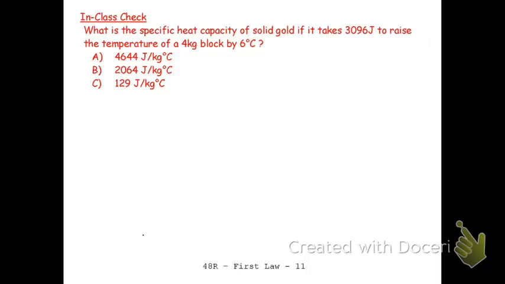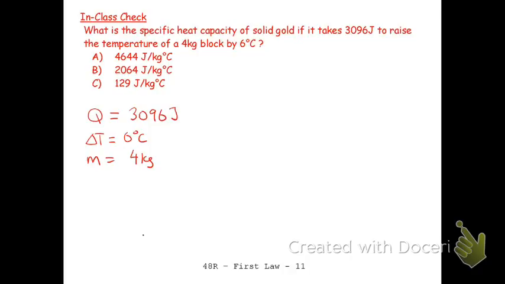What is the specific heat capacity of solid gold if it takes 3096 joules to raise the temperature? That's my Q. My delta T is equal to 6 degrees C, and my m is equal to 4 kilograms.